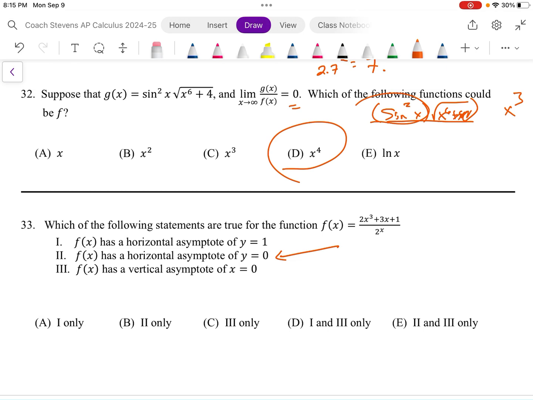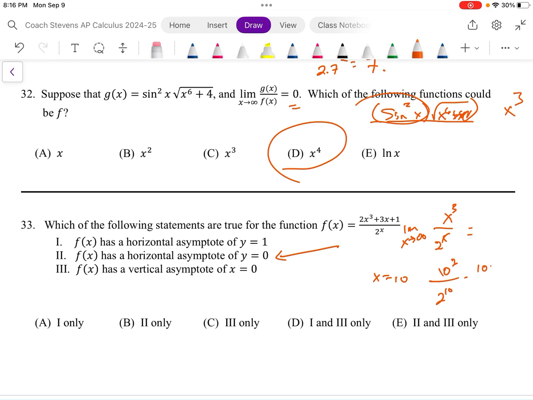Has a horizontal asymptote of 1. I like that one. That's a good one. And the reason why I know that is because if I just focus in on x cubed over 2 to the x, and as I take my limit as x approaches infinity, we're going to get a number divided by 2 to a really big number, which means the bottom is going to grow faster eventually. We may not see it in the beginning, but eventually, once x becomes a really big number, even if you think about x being 10, that would be 10 to the third over 2 to the 10th.